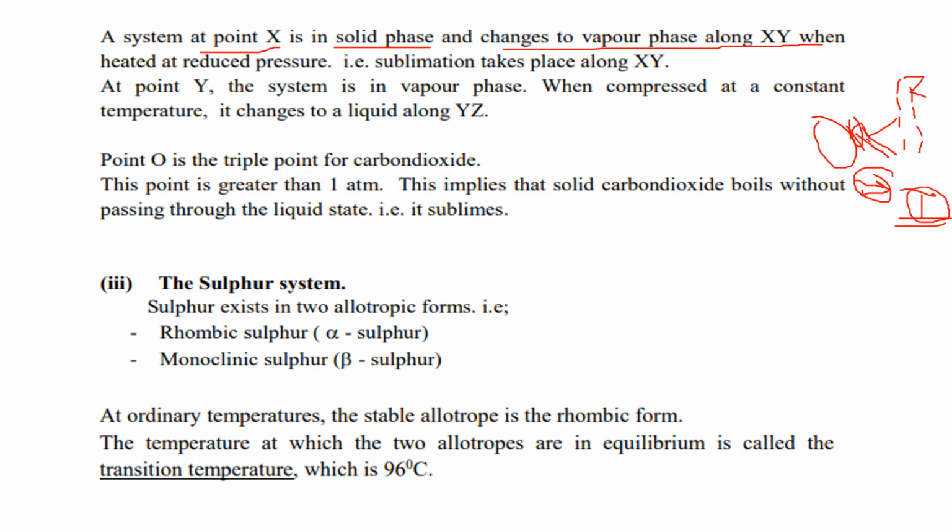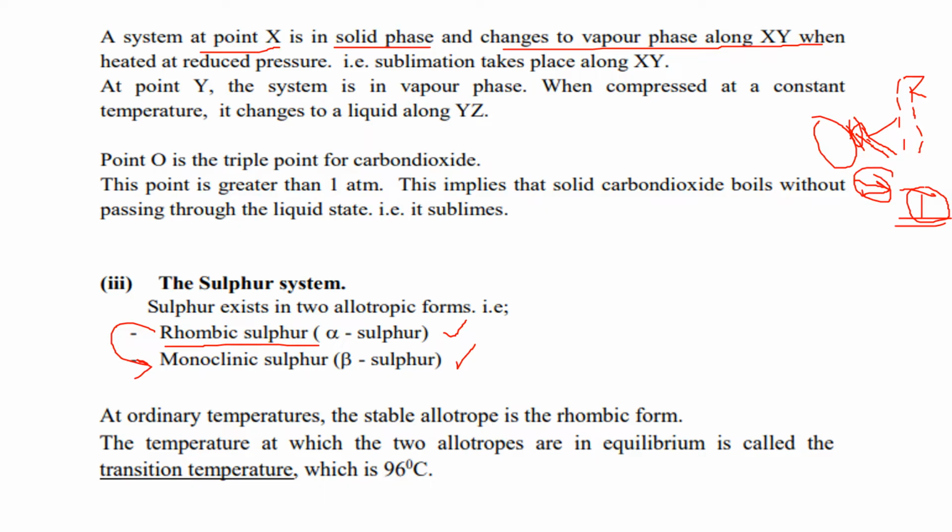So let's proceed. Now we are saying that sulfur allotropically exists in two different forms. We have rhombic sulfur and then monoclinic sulfur. But at room temperature, sulfur usually exists as rhombic. Now, when we vary temperature and pressure, we are going to see that rhombic sulfur will transit to monoclinic.